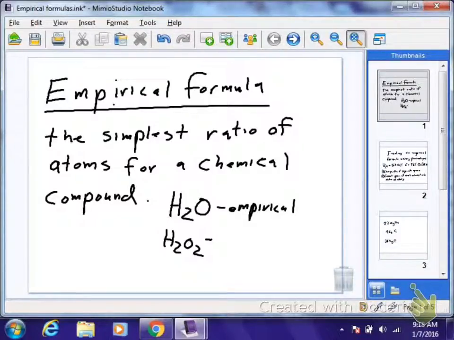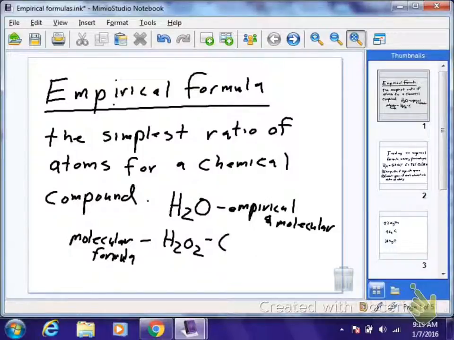H and O. This is called a molecular formula. Now water is empirical and molecular, but H2O2 is a molecular formula, and the empirical formula for that would be H and O.